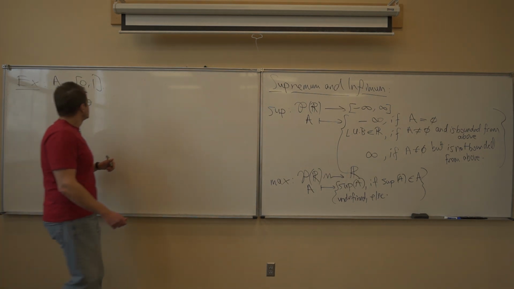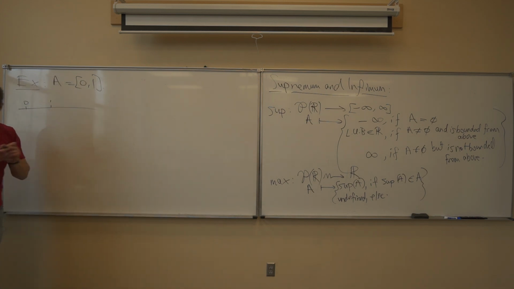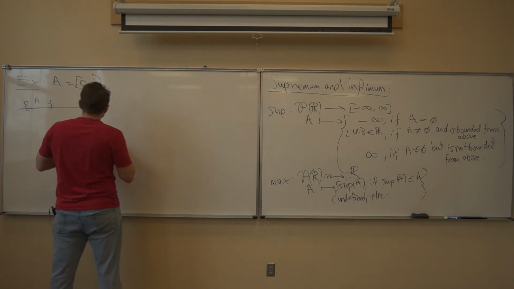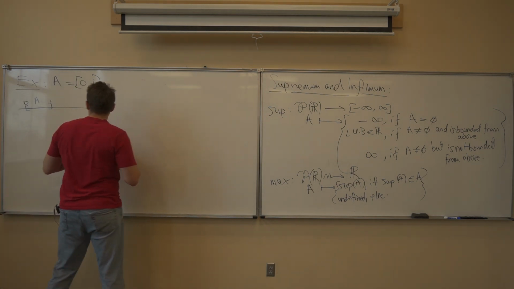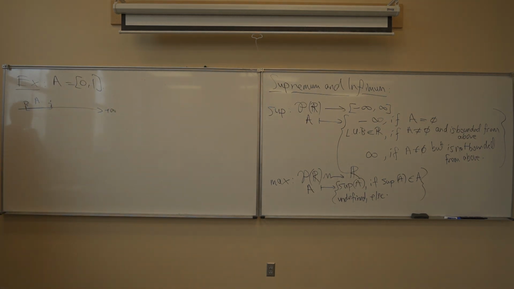Let's draw a picture, like so, 0, 1. And of course, this goes to positive infinity. Any guesses as to what the sup of A is? It should be an upper bound. 1, okay.